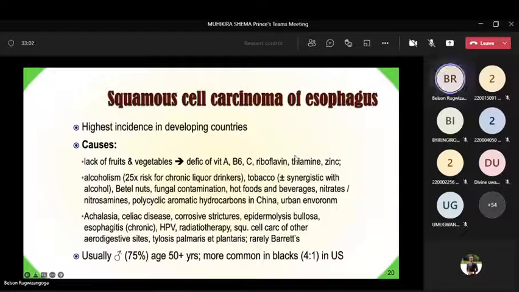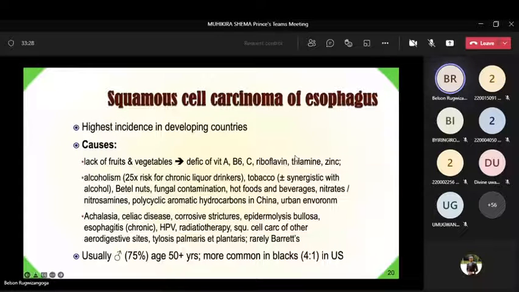Maybe one of the reasons is that males are the ones who drink more and smoke more than others. Males who are aged more than 50 years, and you understand the case we discussed in this presentation. He was a male and he was 74 years, so he fulfills both of these, and he was a black, of course.